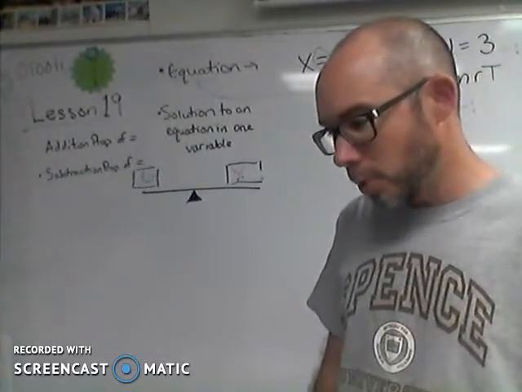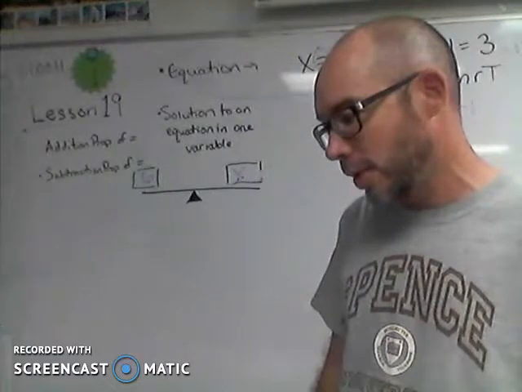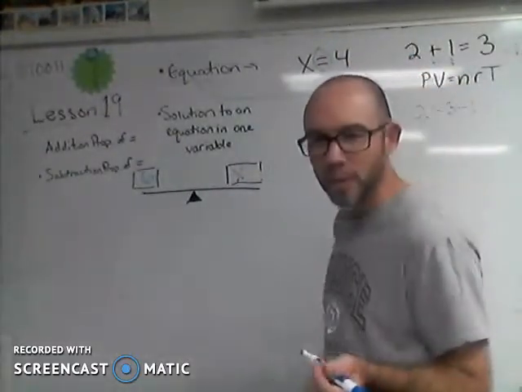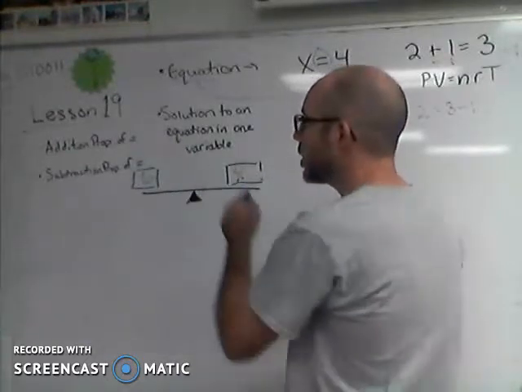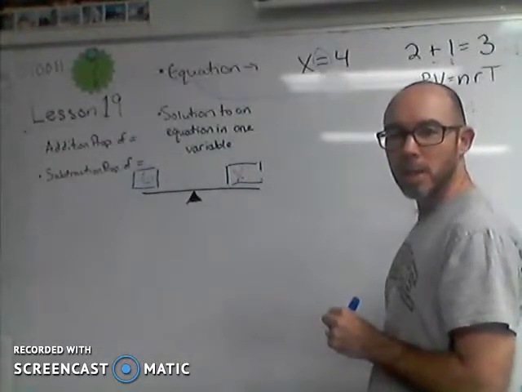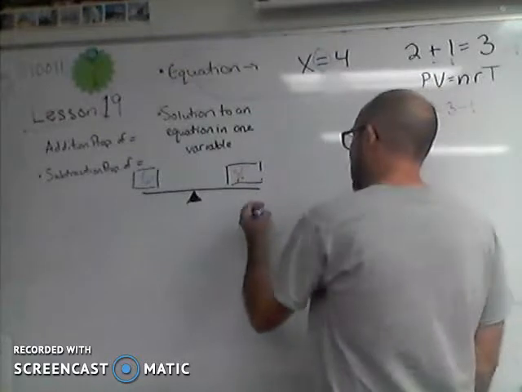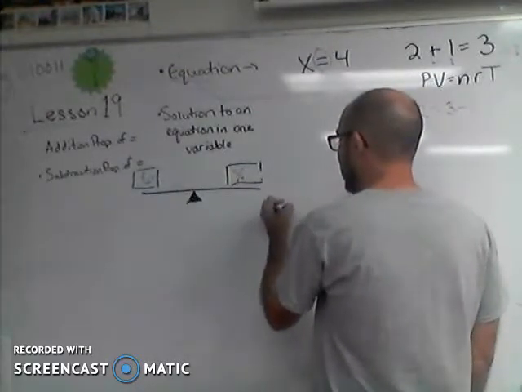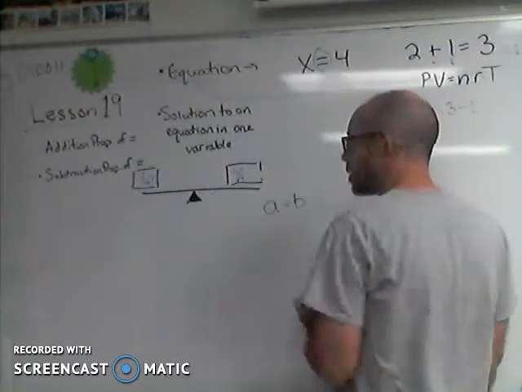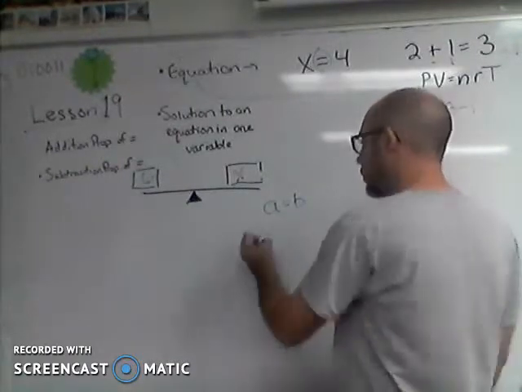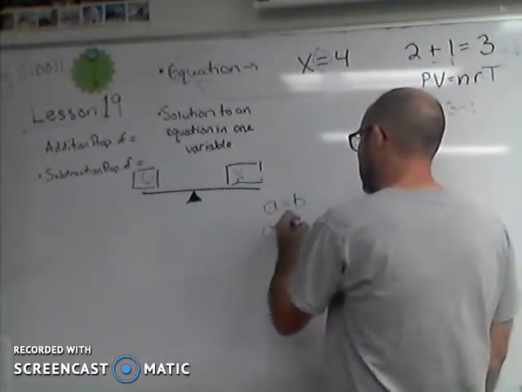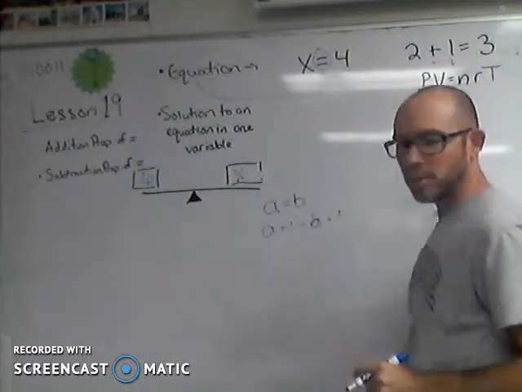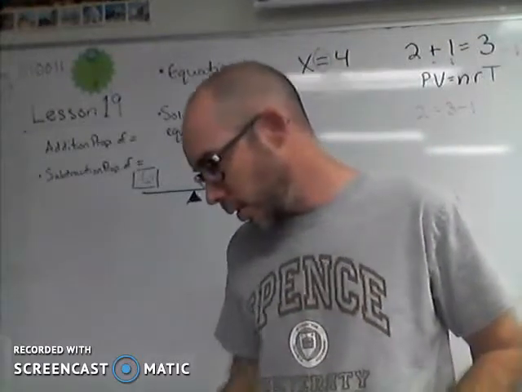So the rules are pretty straightforward as far as solving one-step equations by either adding or subtracting. Let me give you the formal rule. The first one is the addition property of equality. The addition property of equality says that if A is equal to B, then I can add 1 to both sides and they're still equal.